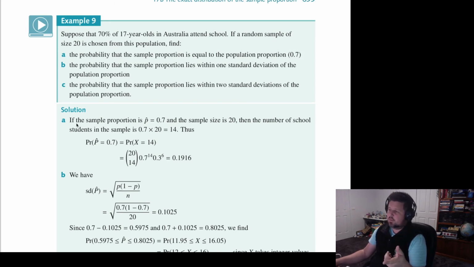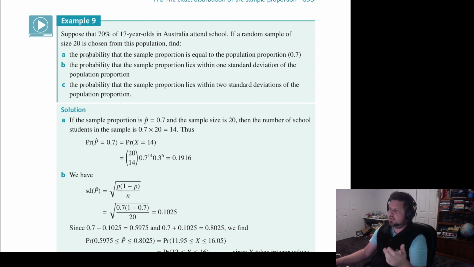If the sample proportion, little p hat, is equal to 0.7 and the sample size is 20, then the number of students in the sample is 0.7 times 20, which is 14. To work out the probability, we plug this into the selection formula and we get 0.1916.